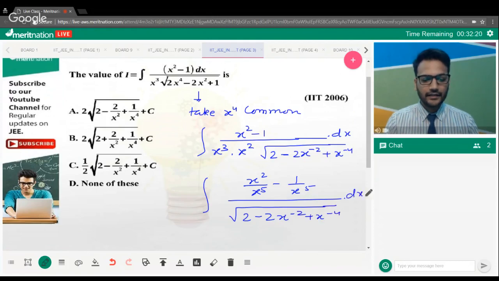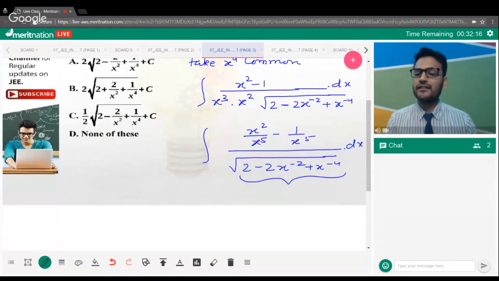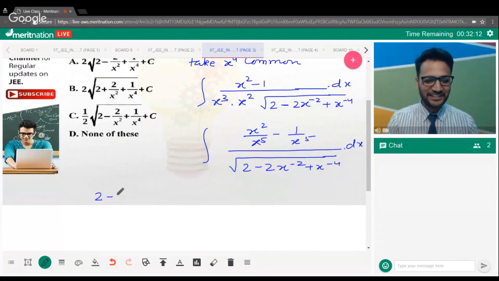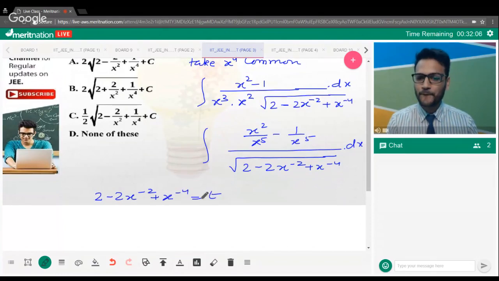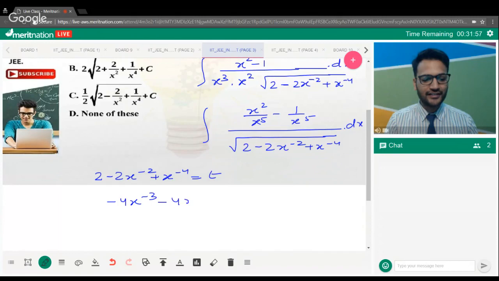Right. Now, in this case, what will we do? We'll assume whatever we have within the bracket equal to t. We'll assume this to be t, right? So we'll differentiate this, dt equals dx.